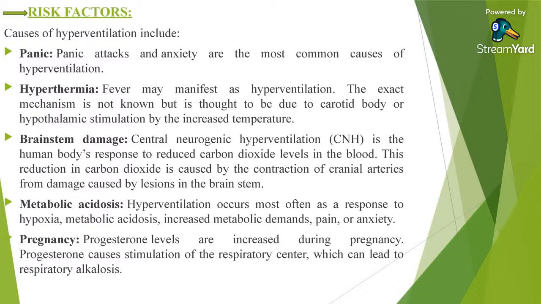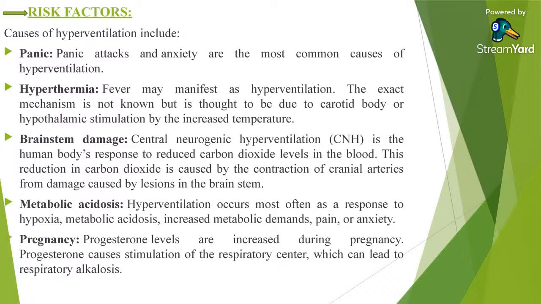Brainstem damage. Central neurogenic hyperventilation is the human body's response to reduced carbon dioxide levels in the blood. This reduction in carbon dioxide is caused by the constriction of cranial arteries from damage caused by a lesion in the brainstem. Another is metabolic acidosis.